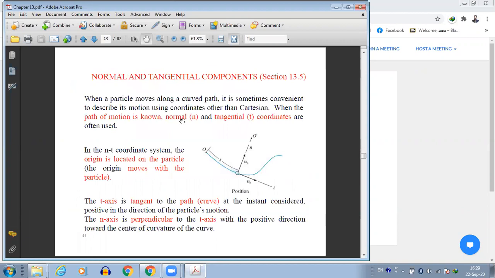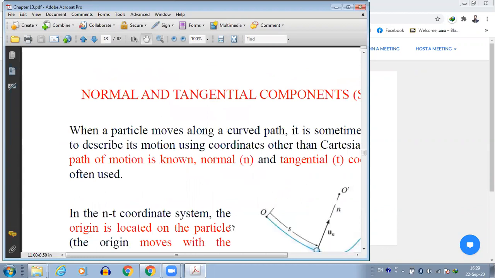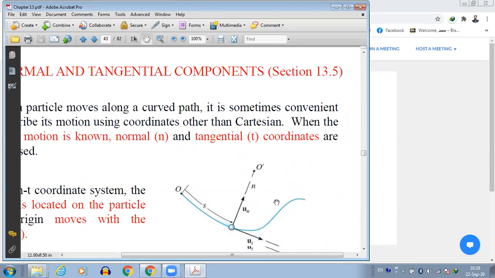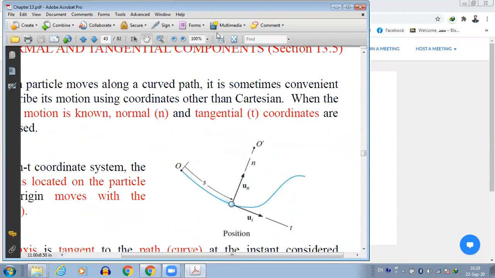So what are the normal tangential coordinate systems? Let's have a look at it. Suppose this is the path starting from O, and the particle is moving through the path like this. Then we can have two coordinates, one which is tangent to the motion of the particle all the time. For example, when the particle is here, the tangent direction is this.